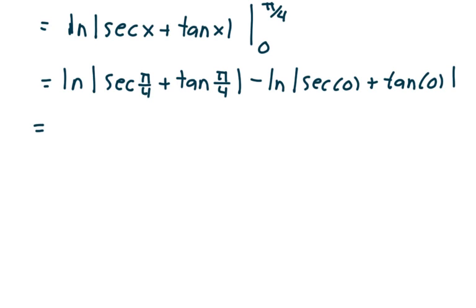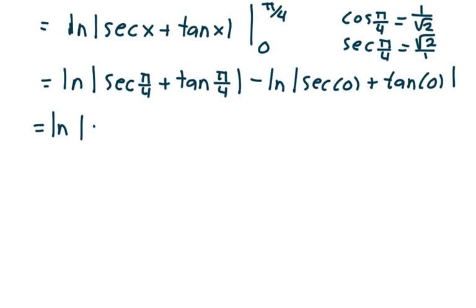Now, this is how I think, if it helps, cosine of pi over 4 is 1 over square root of 2. So secant of pi over 4, I just got to take the reciprocal. So it's square root of 2 over 1, right? And so this is natural log of square root of 2 plus 1.